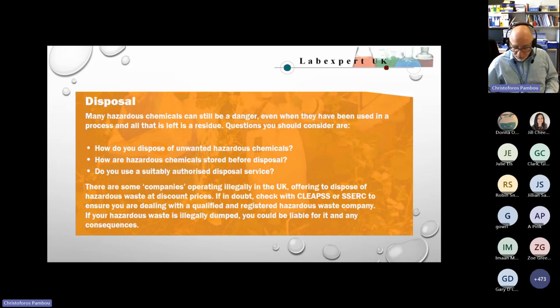A question that I get asked very often is how often you arrange a disposal service. Well, there is no time frame on that. It depends on the amount of chemical waste that you have produced. We need to be mindful on this, because chemical waste disposal is quite expensive.